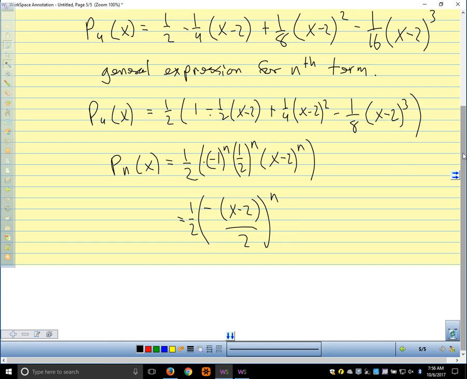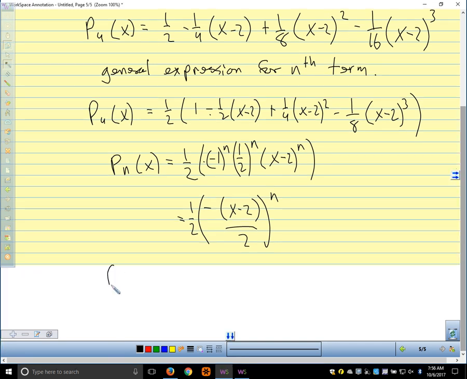So we could say that f of x, 1 over x centered at x equals 2, is 1/2 the sum n equals 0 to infinity of minus x minus 2 over 2 to the n.